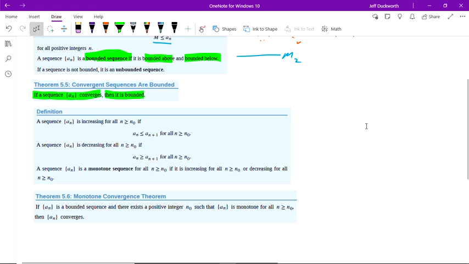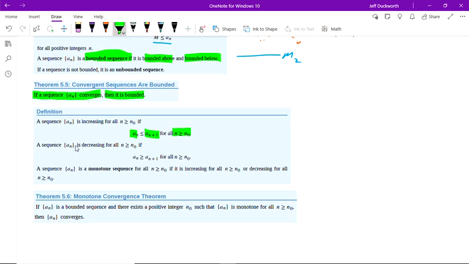Okay, so let's talk about something that's increasing. You've certainly seen something like this in algebra and calculus. If a_n is less than or equal to a_(n+1) for all n greater than your initial n, then it's increasing. That means it's always going up or staying the same, never goes down.